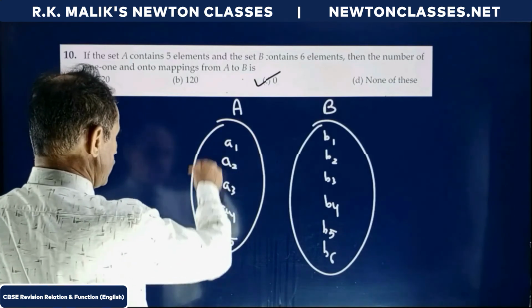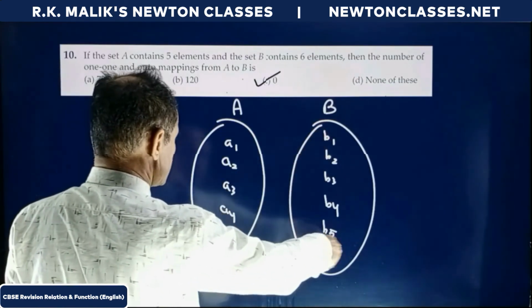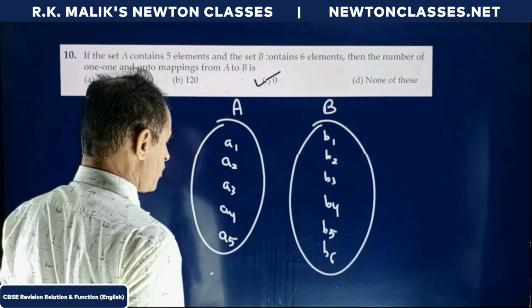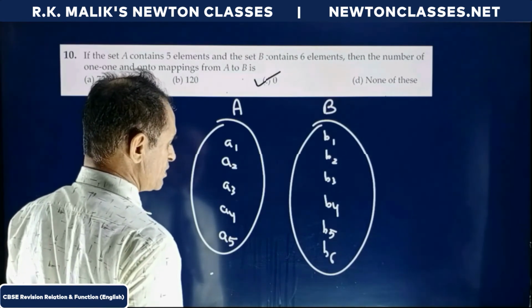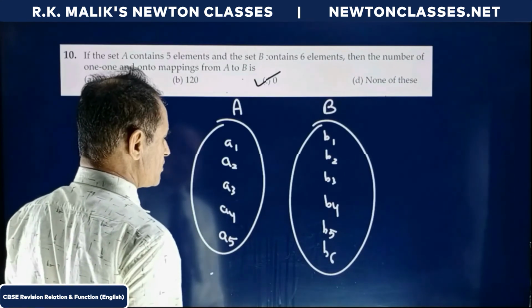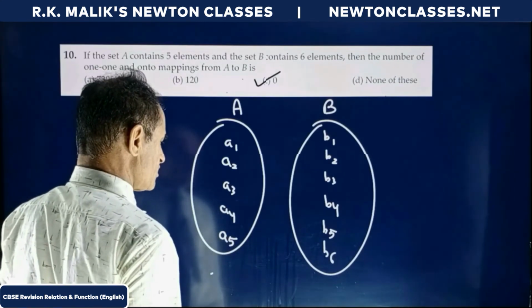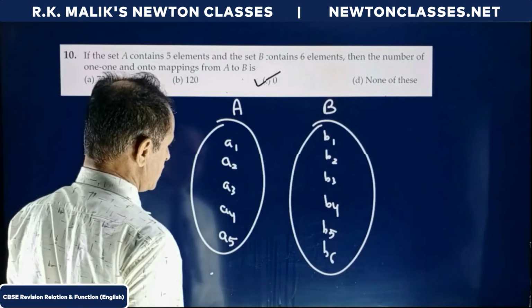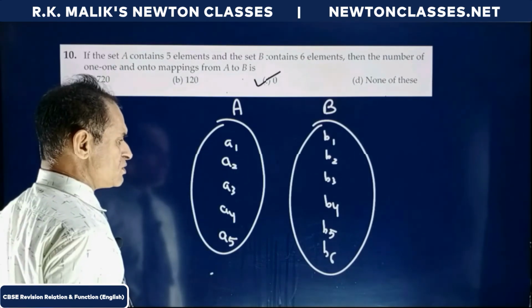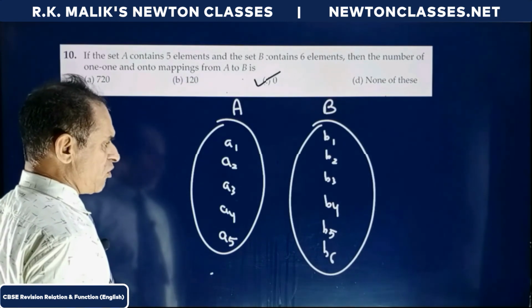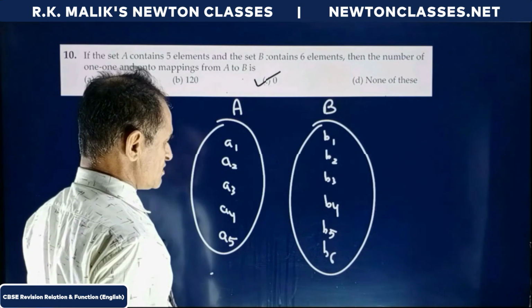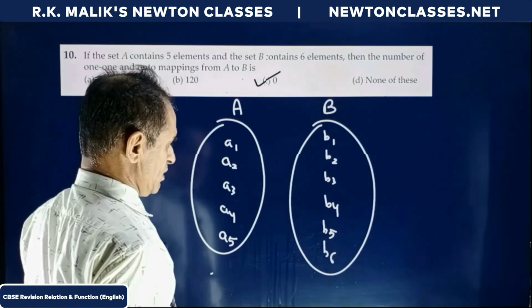And if A contains more elements than B, in that case the number of 1-1 functions will be 0. And if the two sets contain an equal number of elements, the function which is 1-1 is onto also, and the function which is onto is 1-1 also. But all these things are true when I am dealing with sets having a finite number of elements.